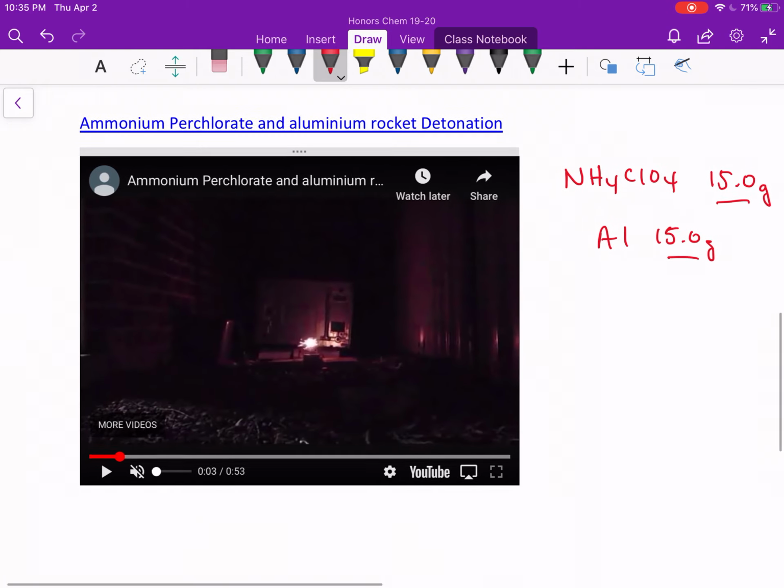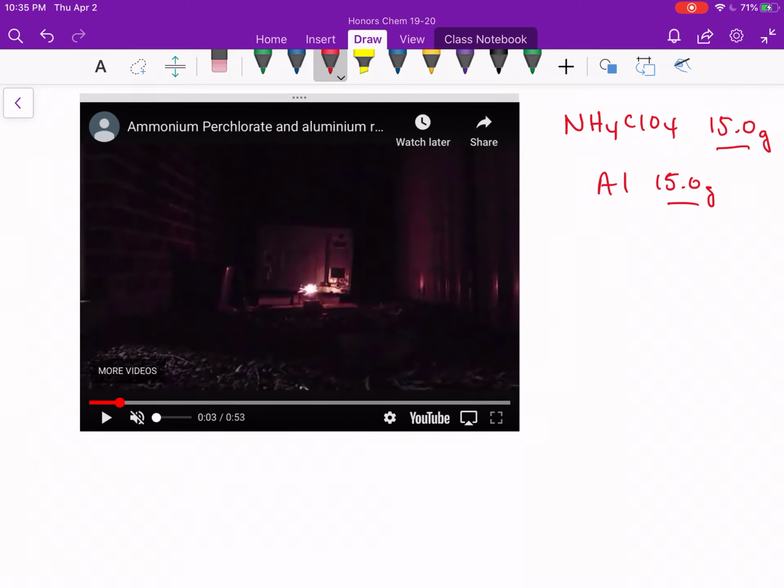And so again, to do this, the first thing that we're going to do is start off with our balanced chemical equation, right? And so here we would have aluminum is going to react with NH4ClO4. This one's a little bit more complicated. It's not just a simple single replacement.